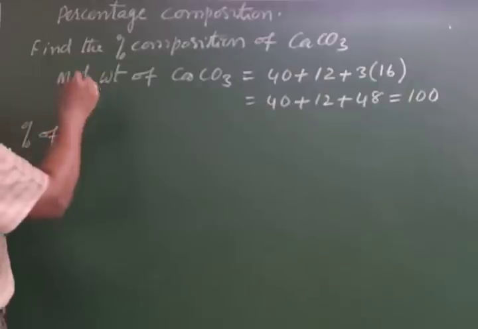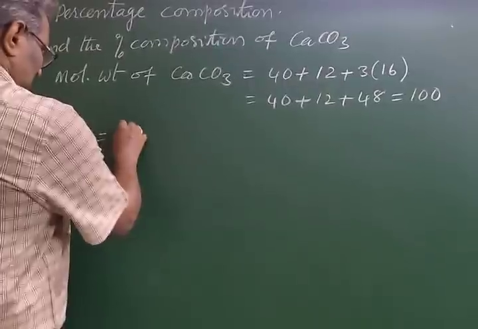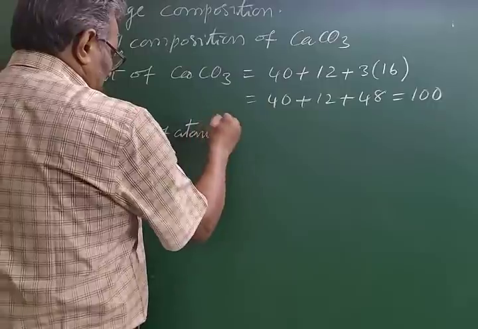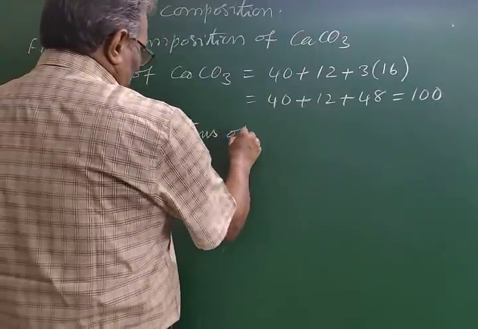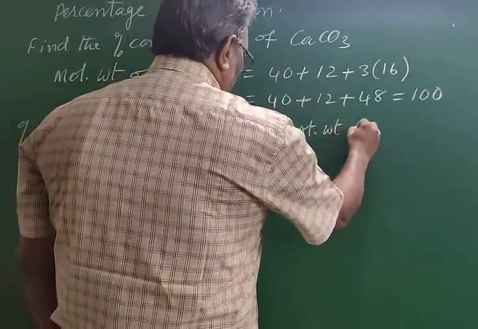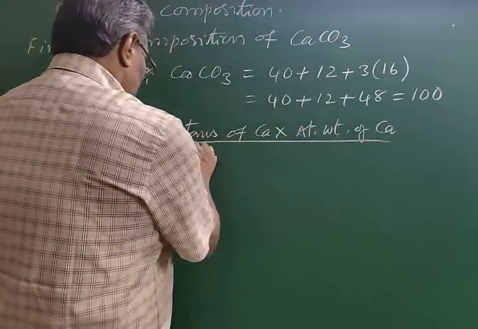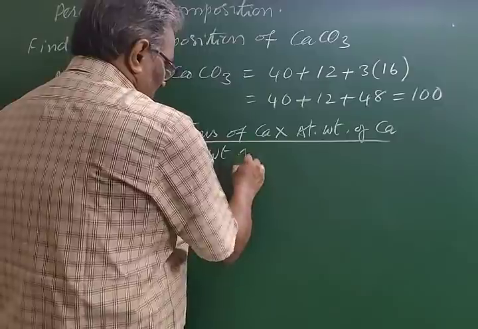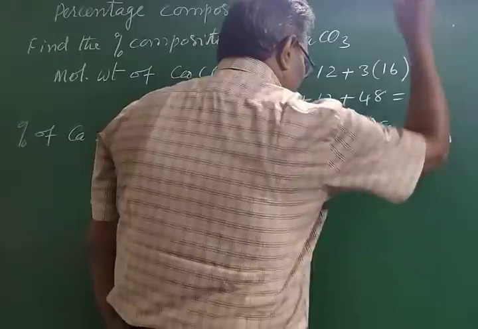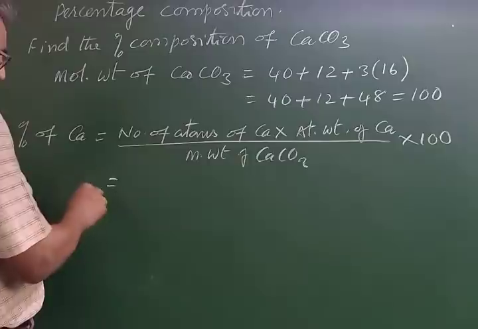Percentage of calcium is equal to number of atoms of calcium into atomic weight of calcium by molecular weight of calcium carbonate into 100. This is the formula for the percentage of calcium.